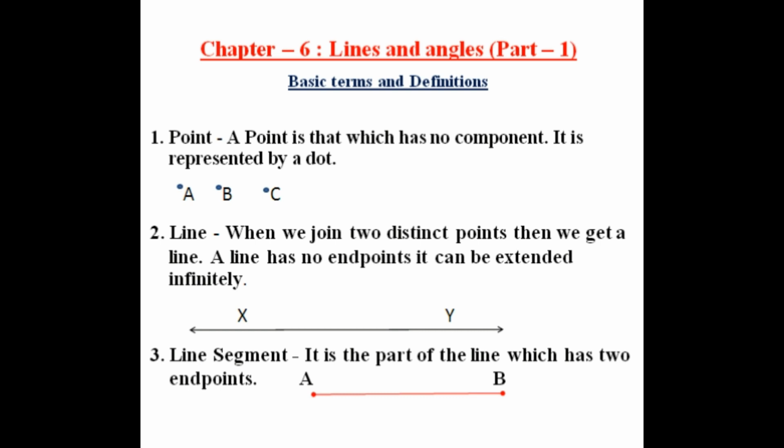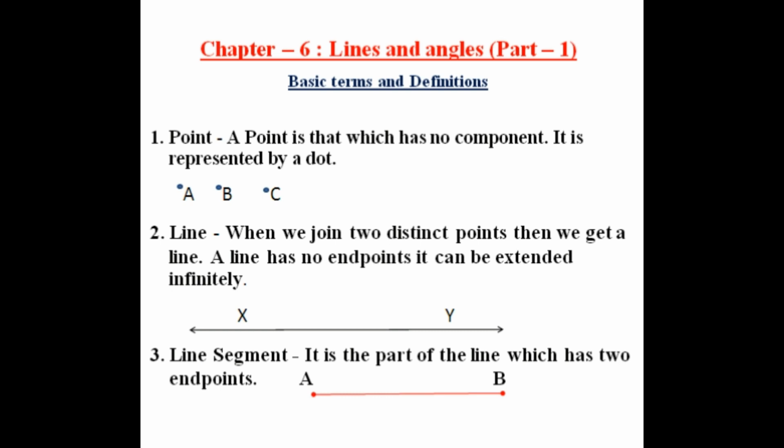Next you come to line. When we join two distinct points, then we get a line. A line has no endpoints. It can be extended infinitely. You see the diagram.